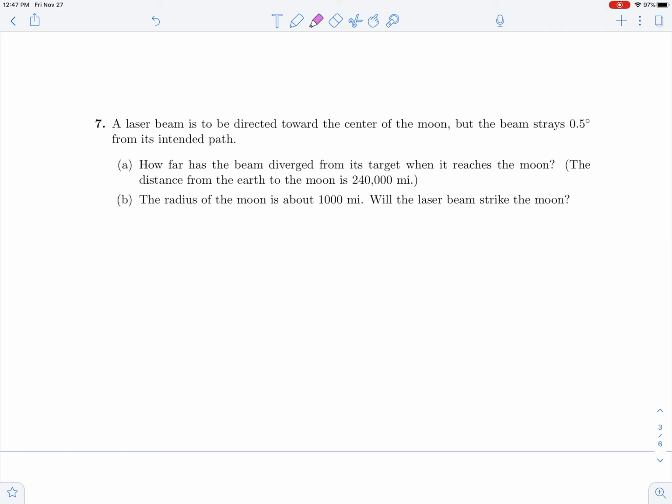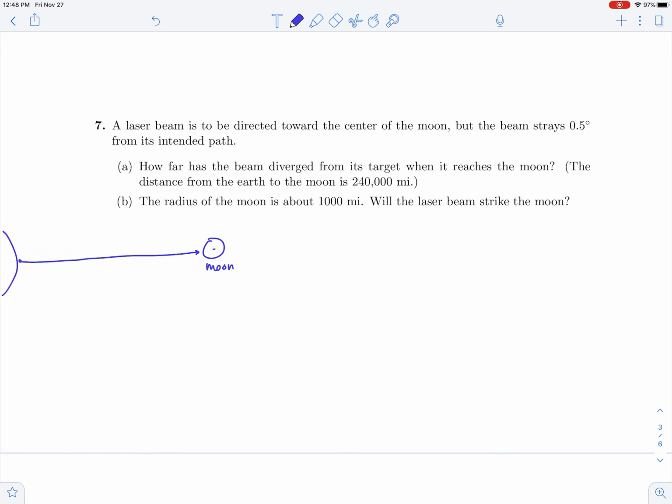Number 7, a laser beam is to be directed toward the center of the moon. So here's the moon. And we're here on Earth somewhere, and we are directing the laser at the center.